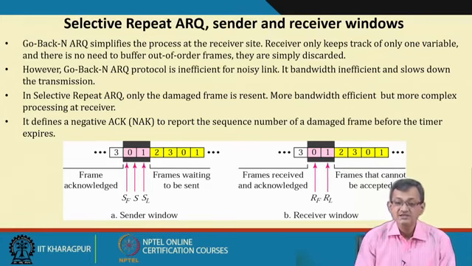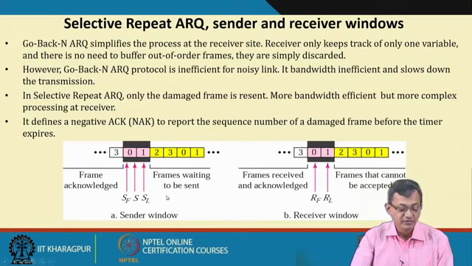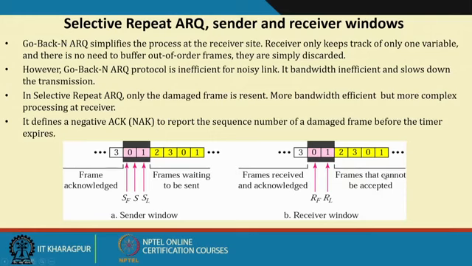Here, instead of SF, SL and S as seen in Go-Back-N, we have RF and RL: frames that cannot be accepted, frames received and acknowledged. Here, frames acknowledged, and frames awaiting acknowledgement come after that.